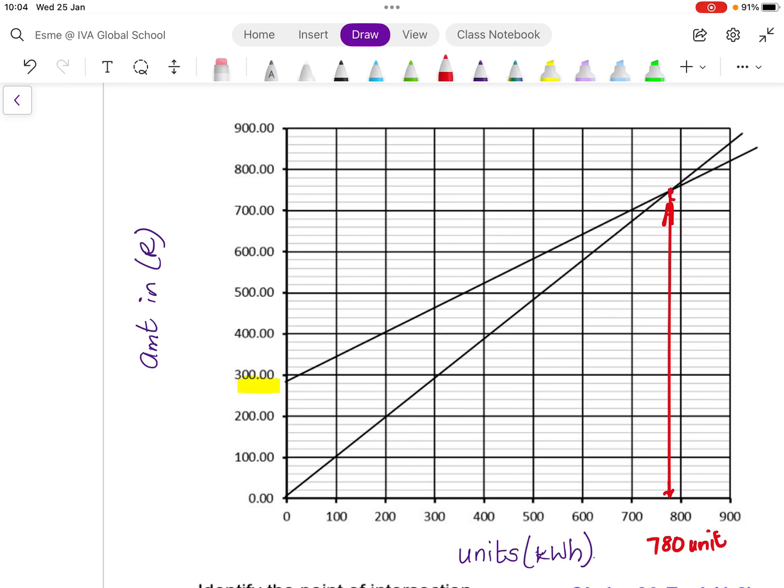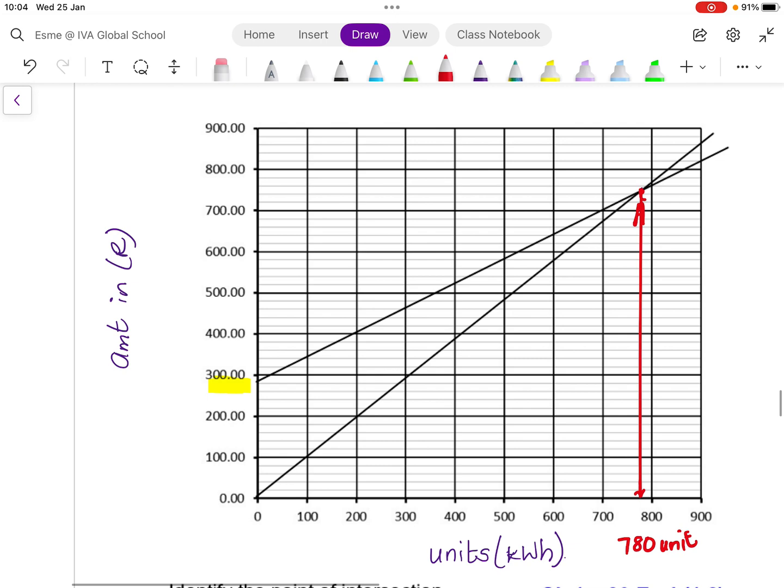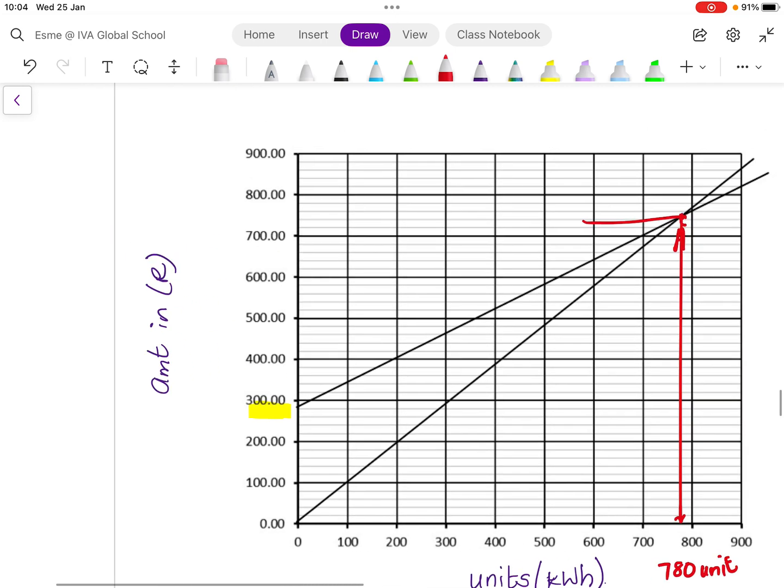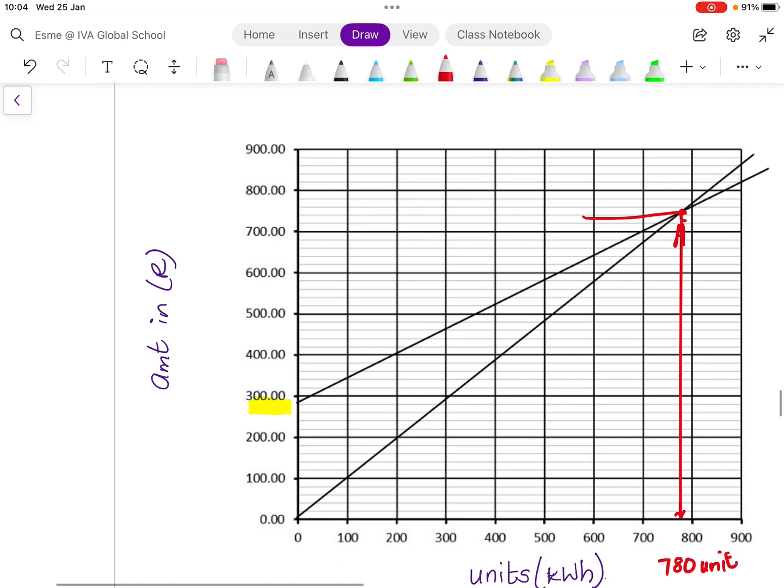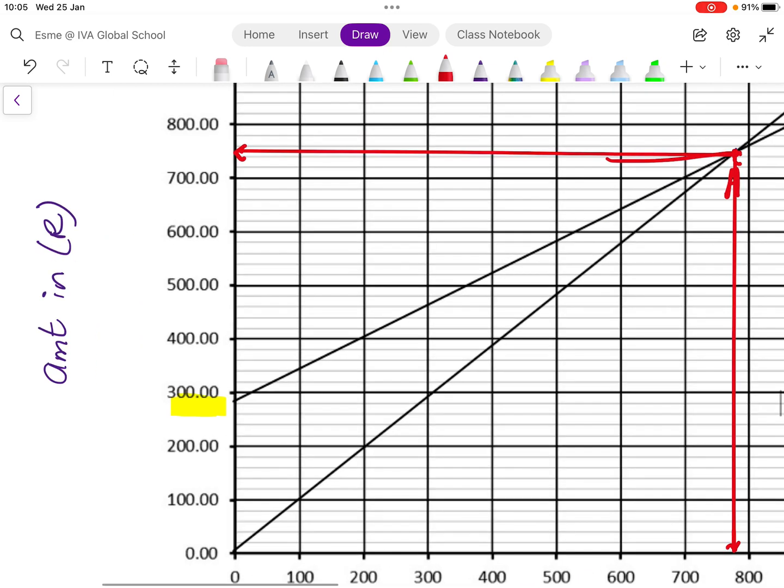How much will that cost? Well, I would take my line and I would draw it across here. I would draw this line here, and you always need to label your graphs, and that would be approximately 700. That would probably be about 750 rand.